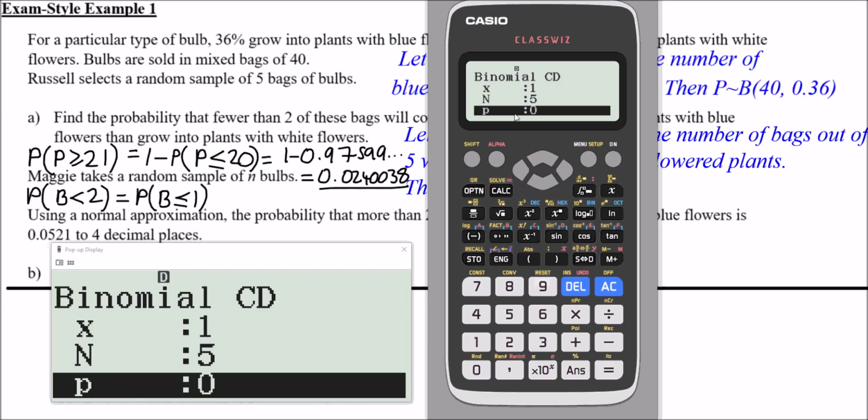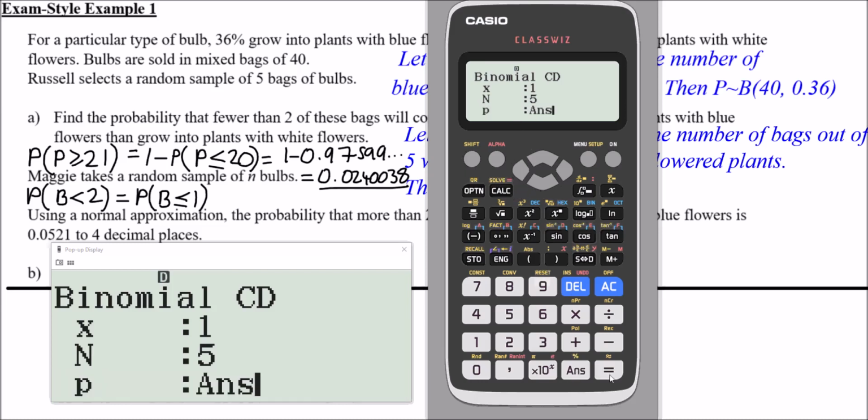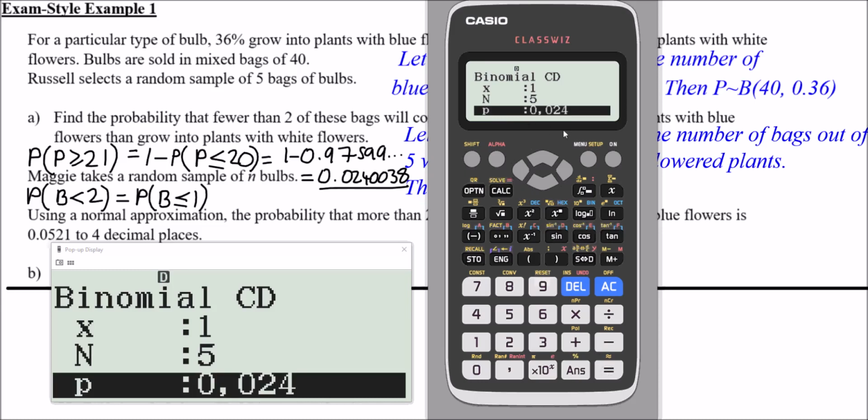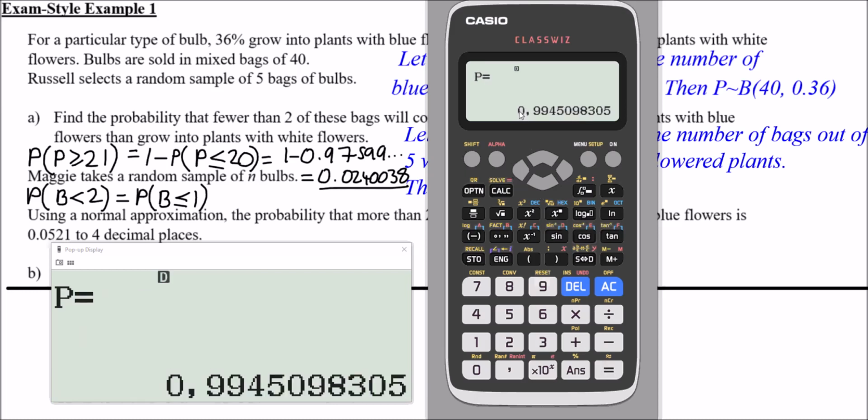For the probability from before, we can press ANS to get it back. It was about 0.024. The calculator's rounding it here, but it actually knows this is a number which doesn't just stop at 0.024, so it will take the extra accuracy into account. If I press equals, that generates the required probability, which is 0.9945.